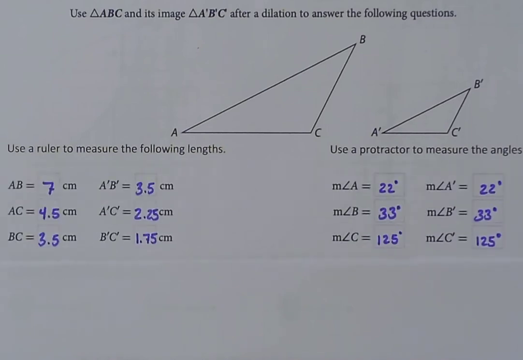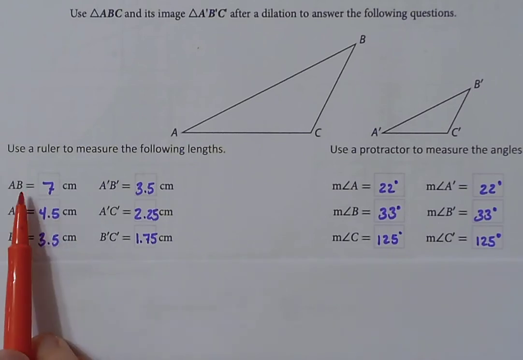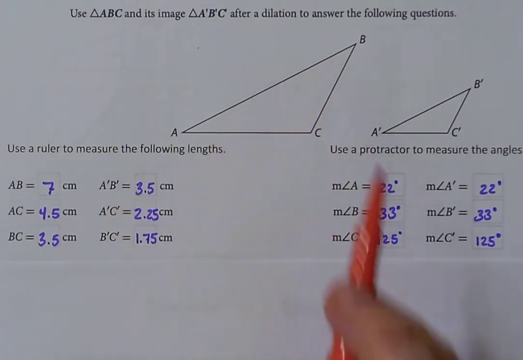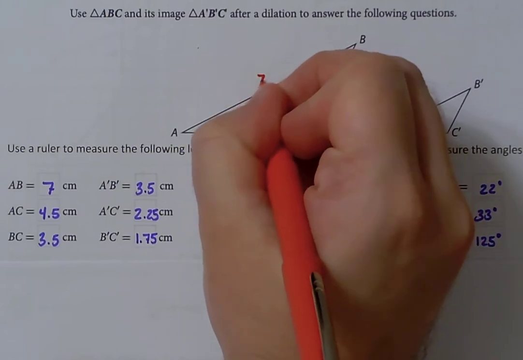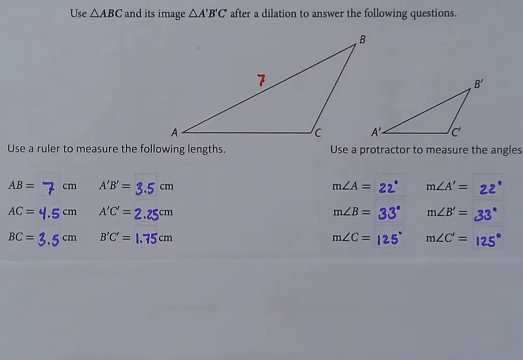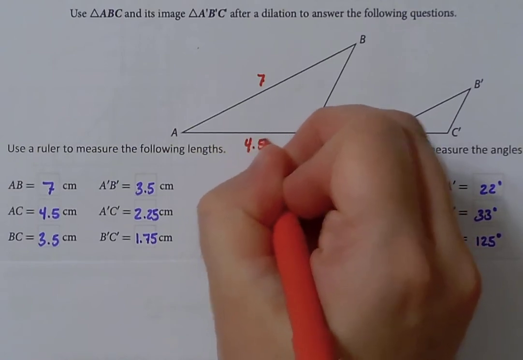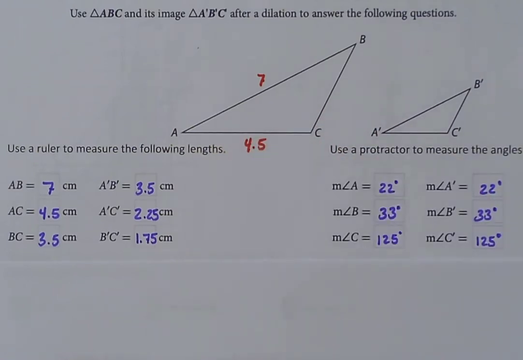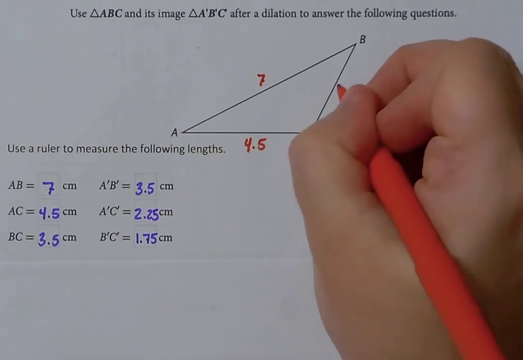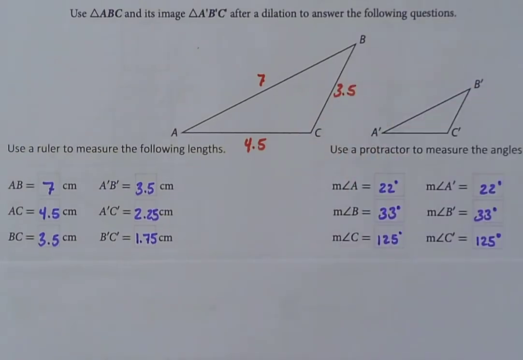When we go through and find all of those measurements, I found AB, this length right here, to be 7 centimeters. I found AC to be 4.5, and then BC was 3.5.